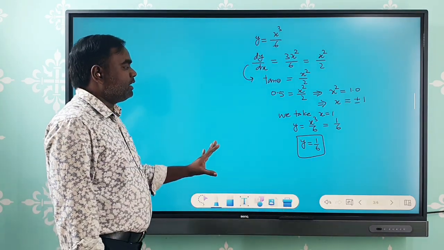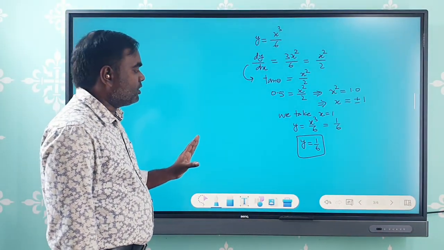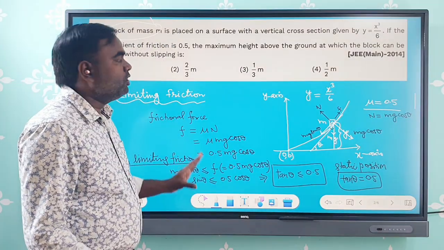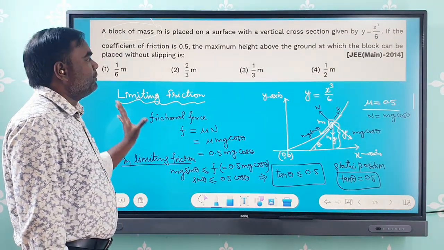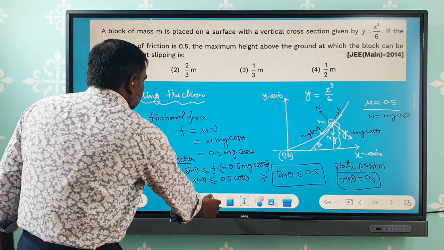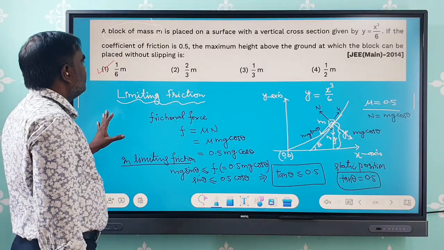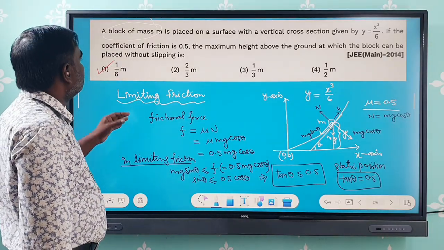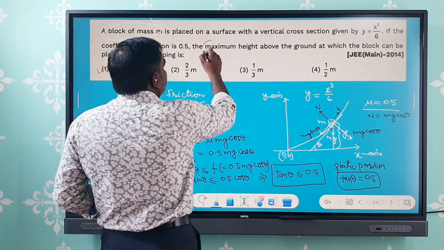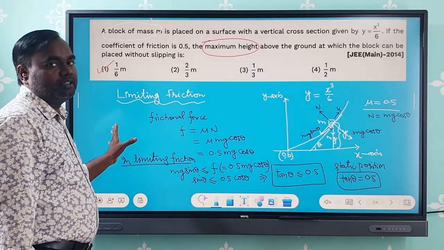So this is the height of the block at which, if we keep this block, then the frictional force will be sufficient to stop it from slipping down, right? So the option given is 1 upon 6 meter. So 1 upon 6 meter should be the maximum height that you should get, right?